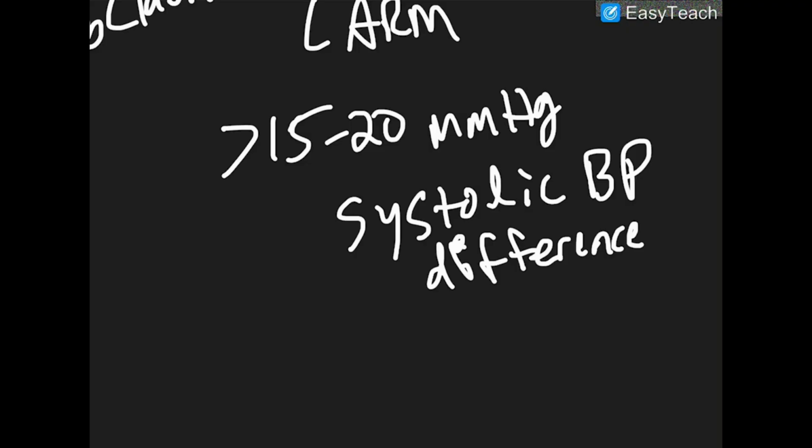If the right subclavian artery is narrowed proximal to the right vertebral artery, then the right arm would probably have a lower blood pressure than the left arm because there's less blood flow going to the right arm, right? So it would steal blood away from the right vertebral artery, okay? So same concept goes on the other side too.